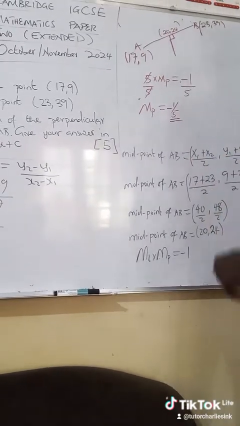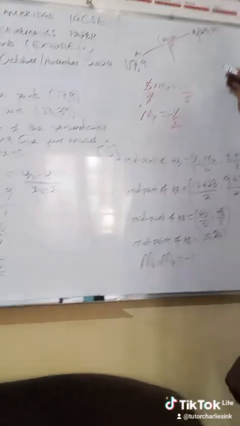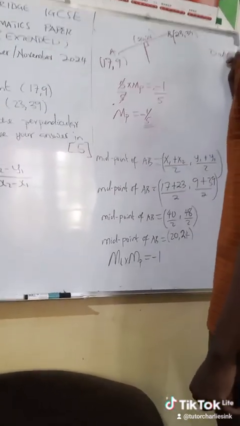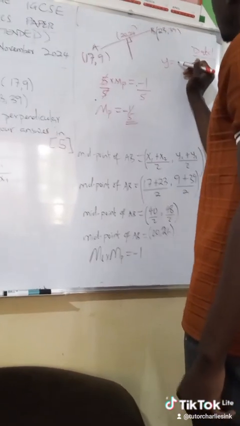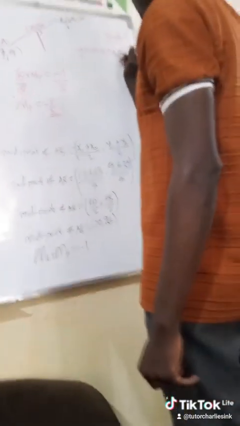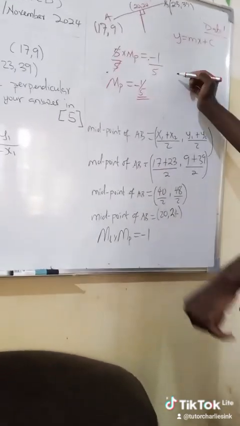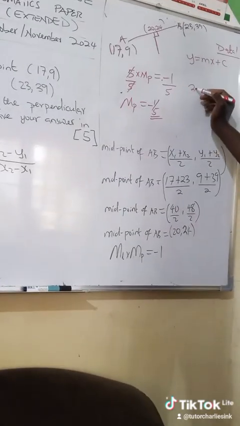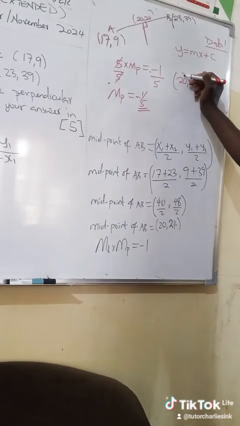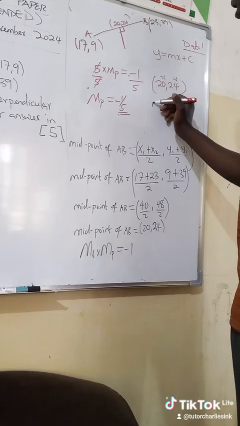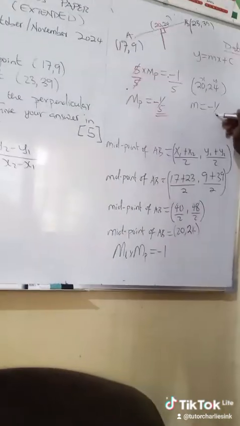Okay, so this line is passing through the point (20, 24). The equation of a straight line is given by y = mx + c. The point it's passing through is (20, 24): this is my x, this is my y. The gradient I'm going to use is negative 1 over 5.